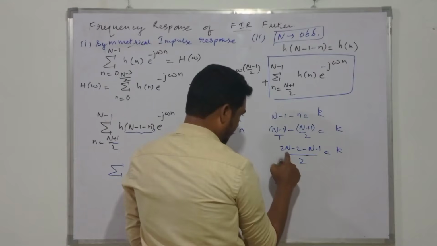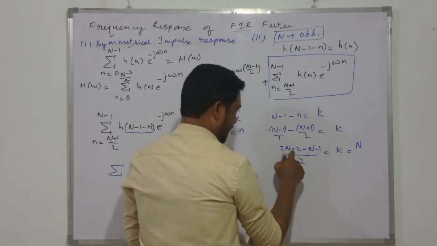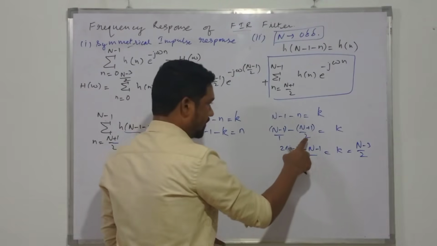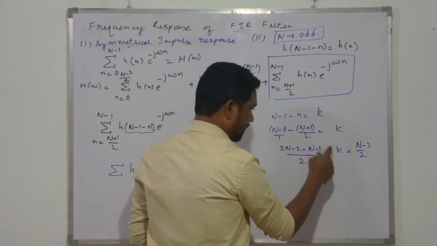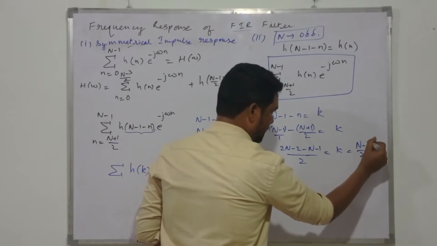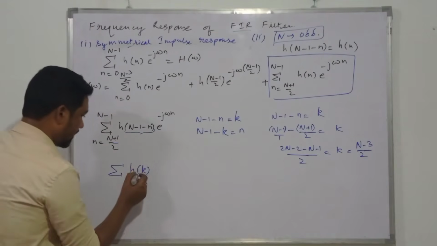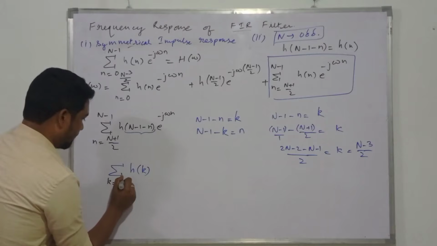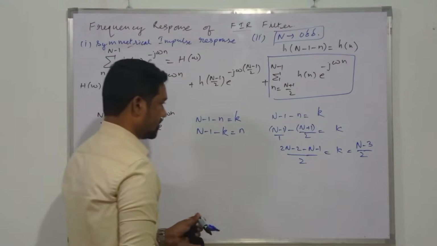So over here, 2N-N, that's N, minus 2 minus 1, so (N-3)/2. So when n will be starting from (N+1)/2, k will be starting from (N-3)/2. So it's no more n, k will be running from (N-3)/2. Okay, so this is the first limit.